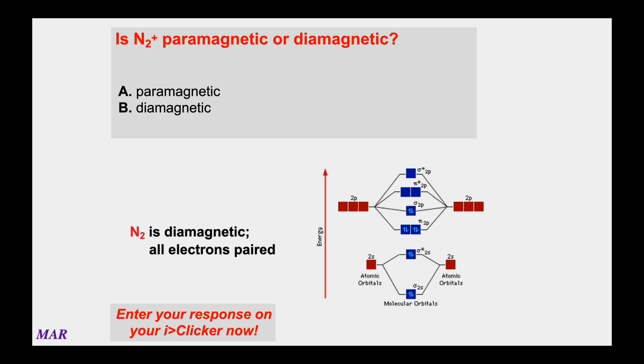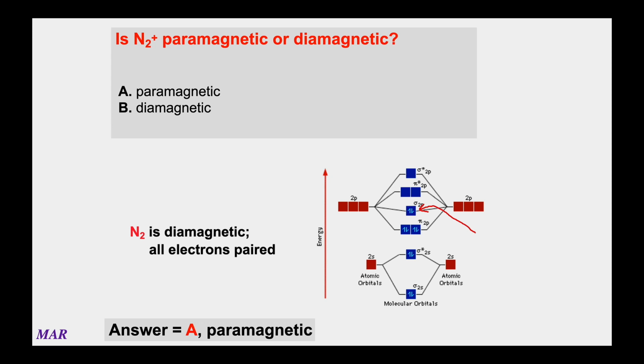So if you look at N2, the diagram there on the right, N2 plus means that it's going to lose one of the electrons, and it's always the highest occupied molecular orbital electrons that come out first. So for N2 plus, we would take away one of those bonding sigma electrons. Then there would be just one electron left over. N2 plus is going to be paramagnetic.